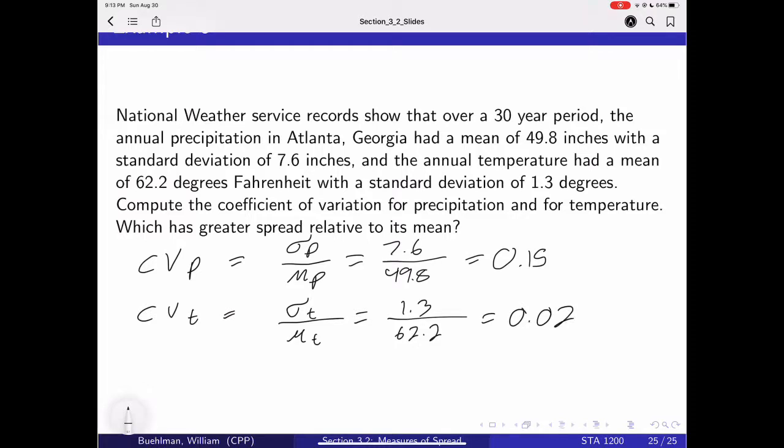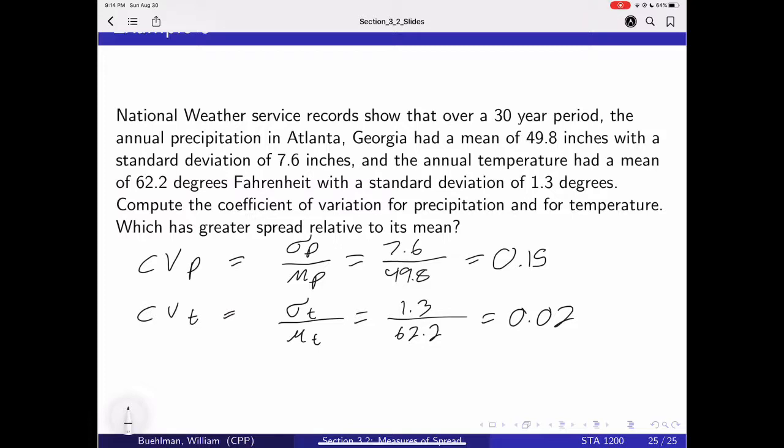So now we found the coefficient of variation for both precipitation and temperature, and now we can just compare the two numbers. For temperature, we have 0.02, and for precipitation, we have 0.15. So all we have to ask ourselves is which one of those is larger. That will tell us which one has the greater spread. So since the coefficient of variation for precipitation is larger, it has a greater spread than temperature.